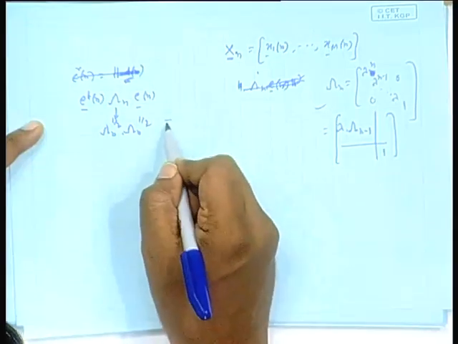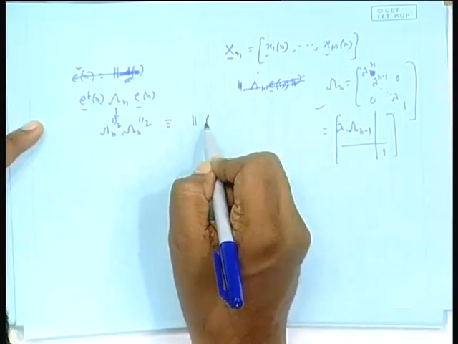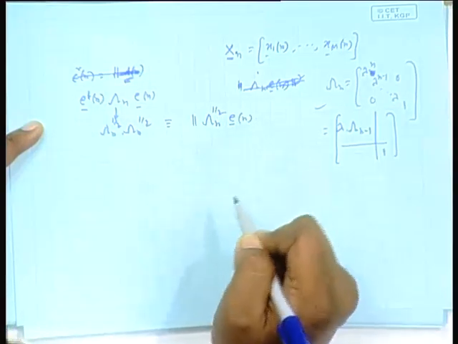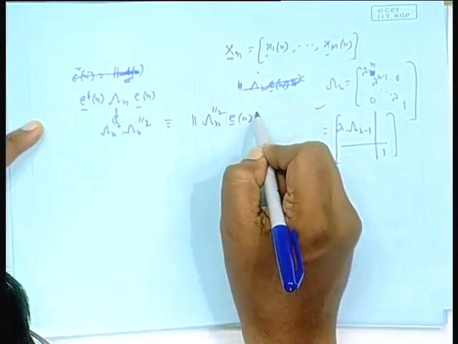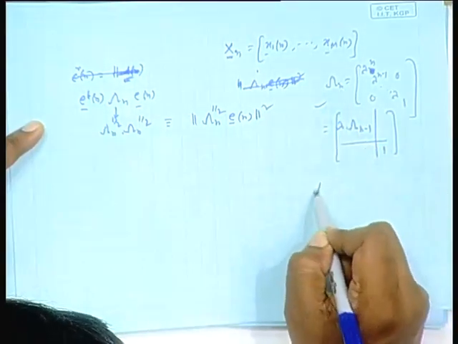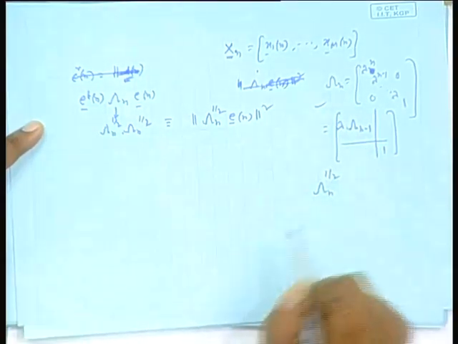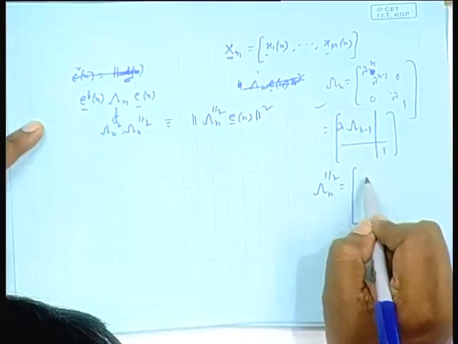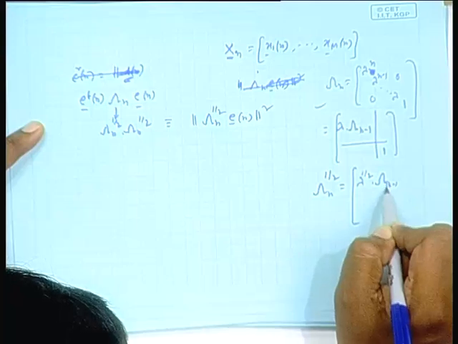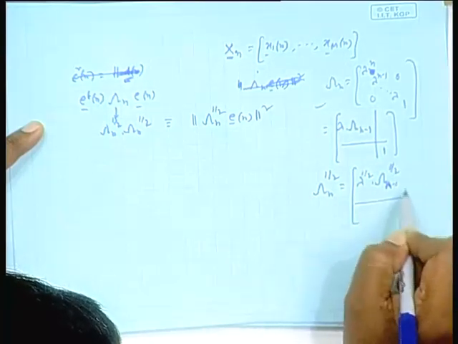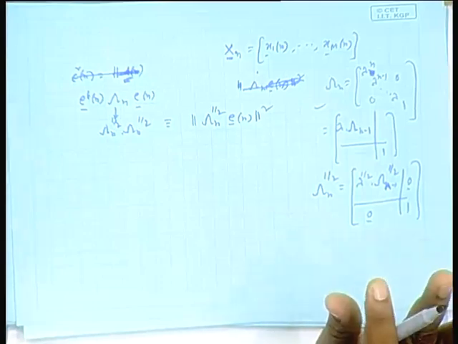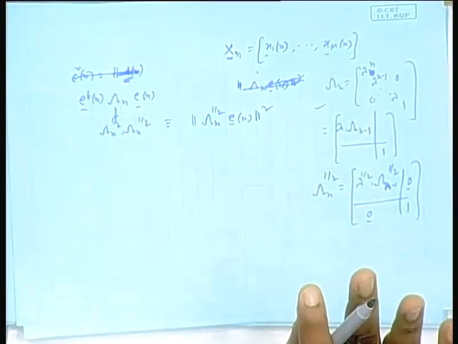Then the entire thing turned out to be equal to this, lambda n to the power half E n norm square. So here lambda n I wrote like this, then lambda n to the power half can easily be written as lambda to the power half into this. Instead of lambda, it becomes lambda to the power half, right?